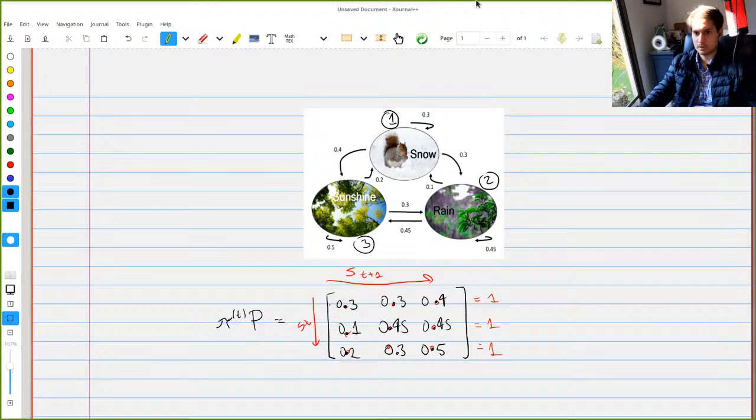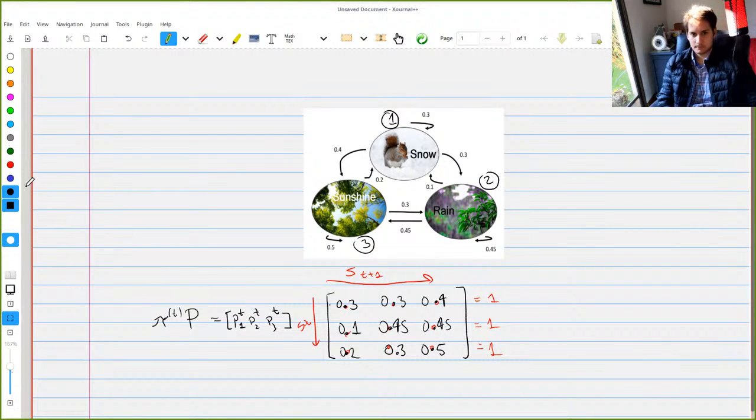So we are multiplying by some probabilities of belonging to this state.